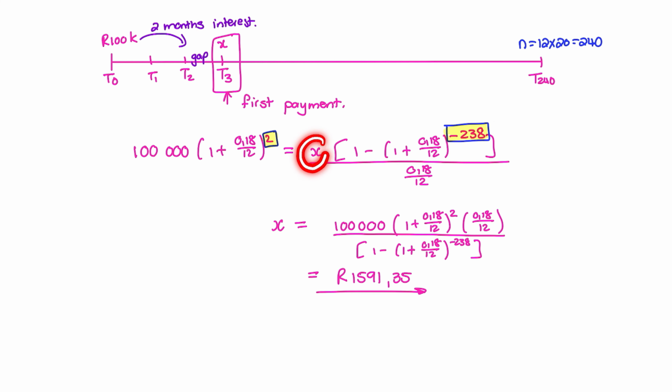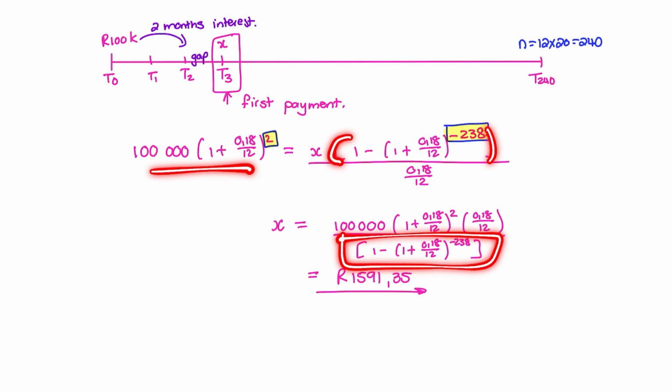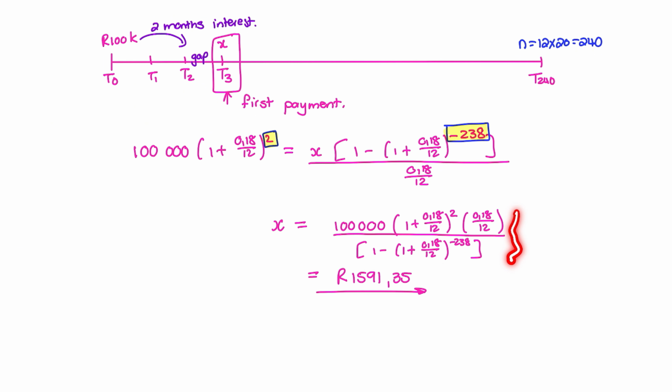So to get x alone, I need to divide the left-hand side with that set of brackets. And then you need to practice using your calculator with all the brackets in order to get your final answer. So maybe pause this video and check whether or not you can use your calculator to get to R1,591.35.